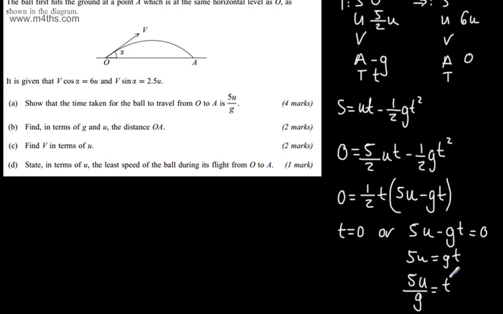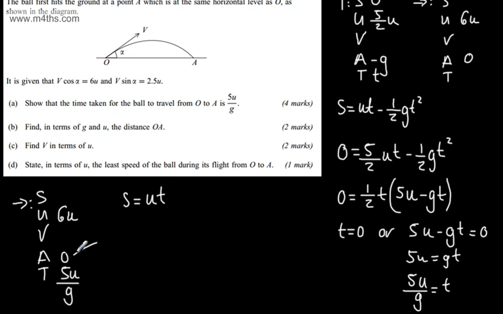Okay, we're now asked to find in terms of g and u the distance OA. So we're considering now the horizontal suvat constant acceleration equations. So we know that this value right here is going to be 6u. We know that the time is 5u over g, and we know that the acceleration is 0. So if we're looking for the distance, s for displacement is ut plus 1/2 at squared.